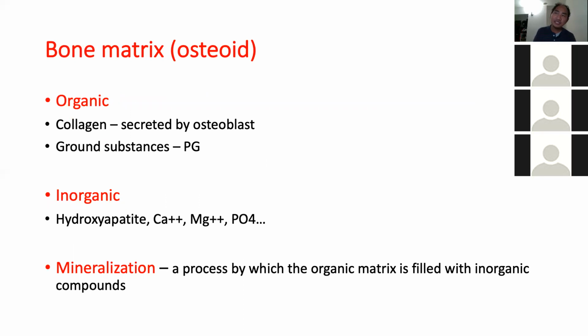So bone matrix is made of organic and inorganic compounds. Organic matrix is collagen fibers and ground substances, proteoglycans. Inorganic compounds are hydroxyapatite, calcium, magnesium. And the process where we put these calcium, magnesium, hydroxyapatite in between the collagen fibers is called mineralization.